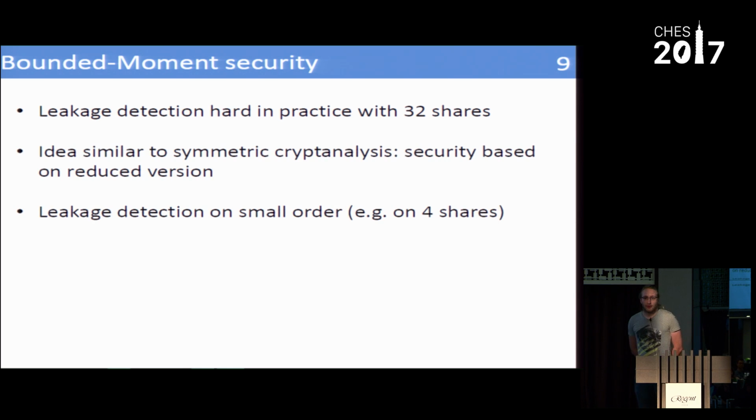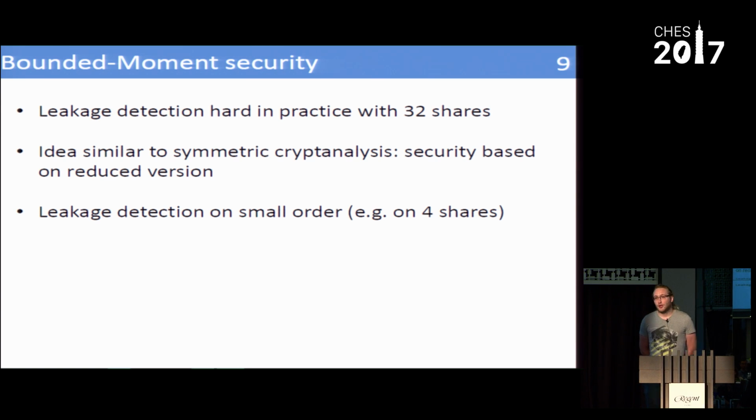We have taken an idea similar to what we have in symmetric cryptanalysis, that is, having a security based on a reduced version. Generally, for a block cipher, you have a heuristic on a small number of rounds that you can evaluate, and you extrapolate the overall security of your block cipher from this small version to the bigger version.